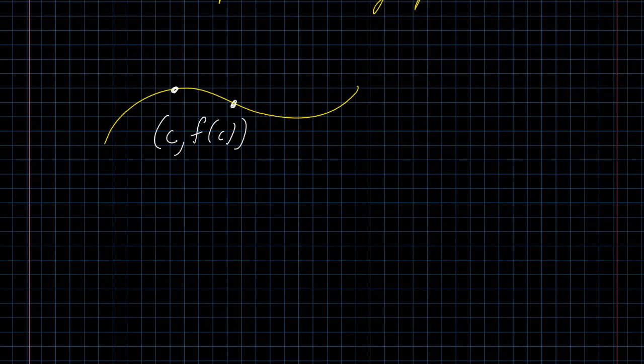And let's take another point here, x and f of x. If I take this second point and move it closer to the first point, then I will get something that is closer and closer to the tangent line.